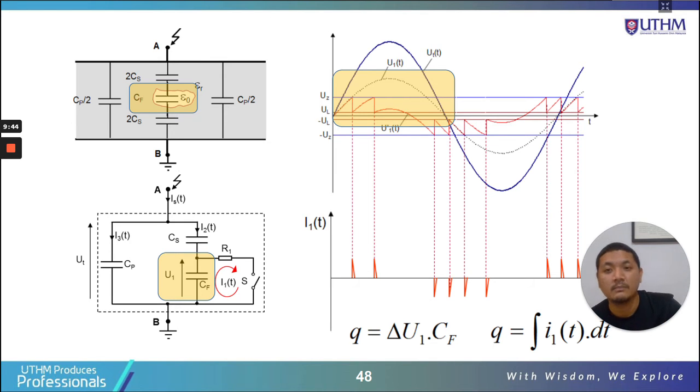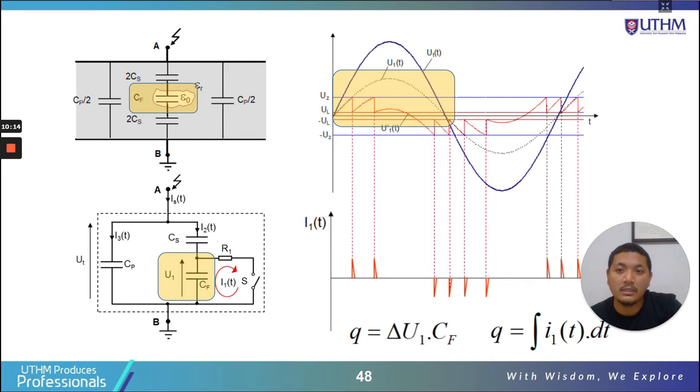We know that partial discharge happens in insulation between two electrodes, right? So here we have two electrodes, electrode A and electrode B. In between is the insulation, which in this figure we represent with series and parallel capacitances.